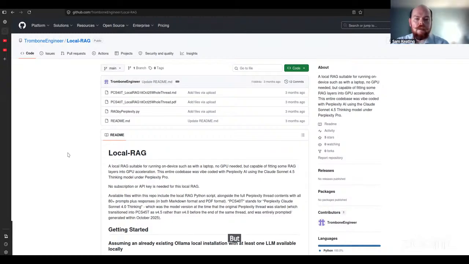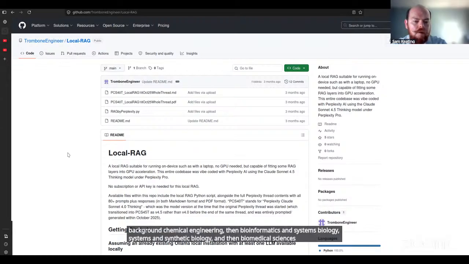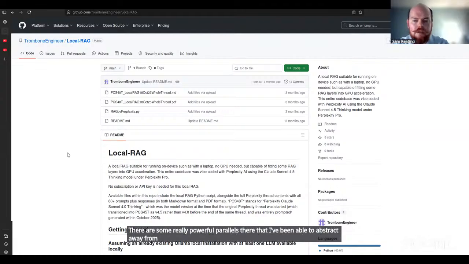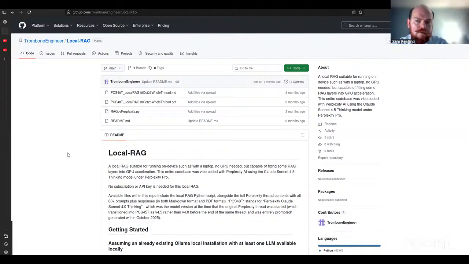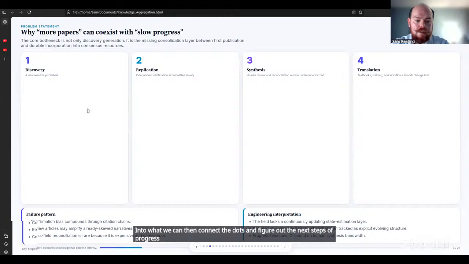But ultimately, stepping back through my background, chemical engineering, then bioinformatics and systems biology, systems and synthetic biology, and then biomedical sciences, there are some really powerful parallels there that I've been able to abstract away from what is confined to just one field or often turns into silos, into what we can then connect the dots and figure out the next steps of progress.